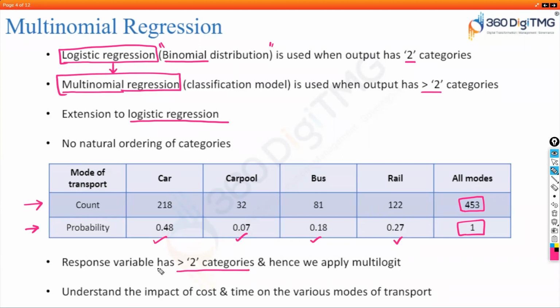But in this specific data set that we are going to talk about, what are the inputs, the independent variables? Here, the output variable is which mode of transportation would people prefer? And the input variables are cost and time.